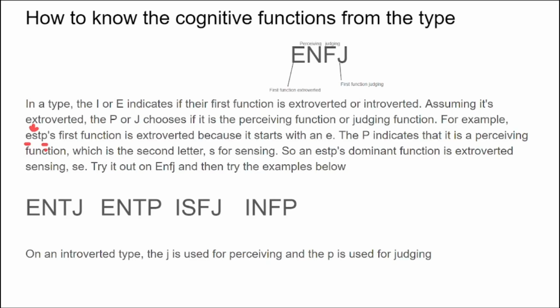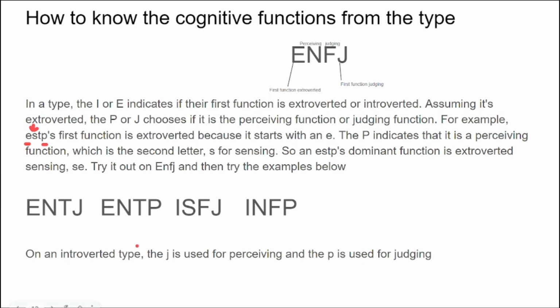Good job, you got it right. There are lots of different methods of using the letters to find the cognitive functions, but you've come up with one and it works for you, so use that. It's also pretty much the right way of doing it anyway, the way I use. This all sort of just came together in my head.